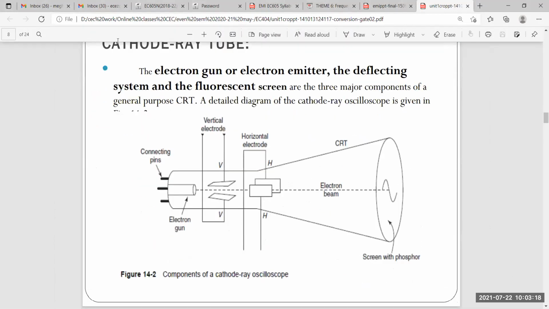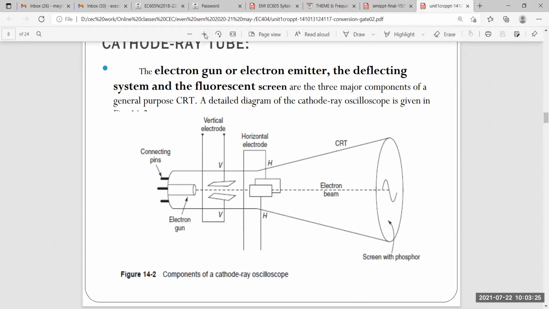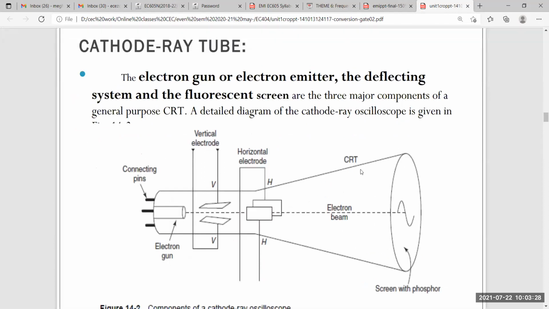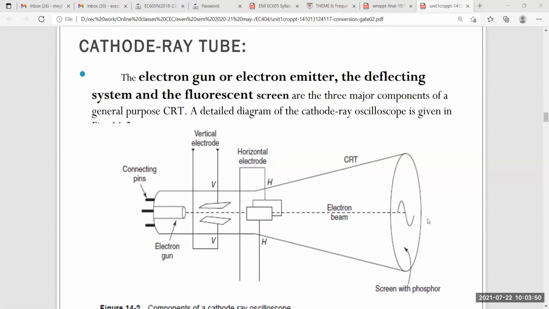Now you tell me, anyone of you, what are the main parts of CRT? I think you should remember the parts of CRT. Can you tell me? Electron gun. Electron gun, okay, you can also view it on this picture which I'm showing to you. Next, deflection plates, you can see deflection plates are there.